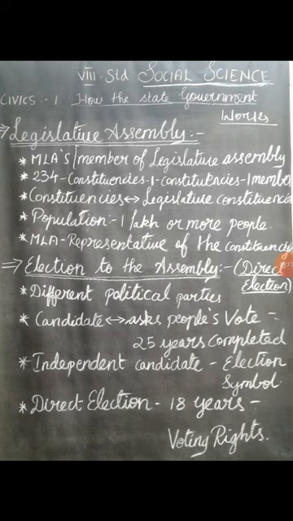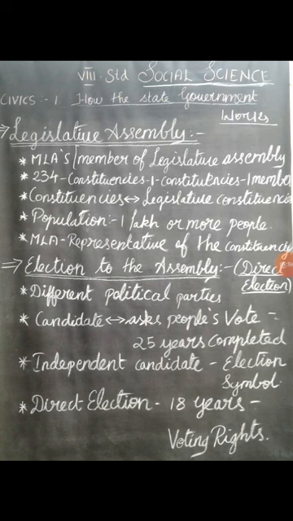Okay, next, the members of the Legislative Assembly, MLAs, are elected directly by the people. That is direct election. That is why they are called the representatives of the people.